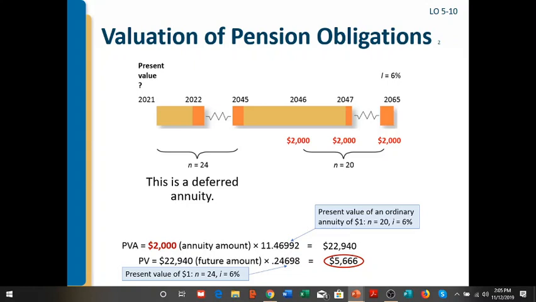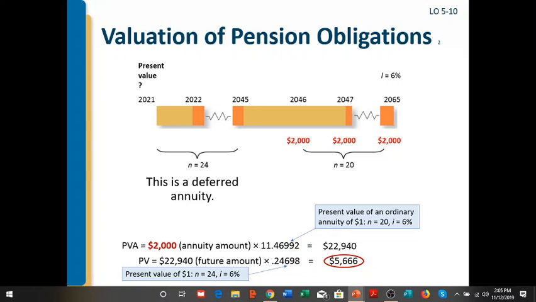And so you take that future amount of 22,940 and you're going to go to your present value of 1 table. Here you're going to be paying this amount over 24 years before this guy retires.